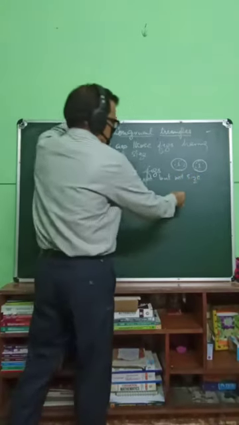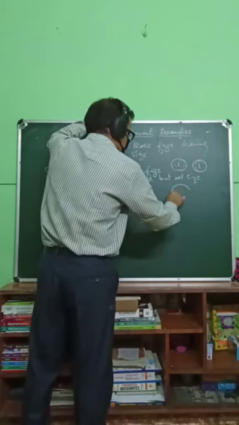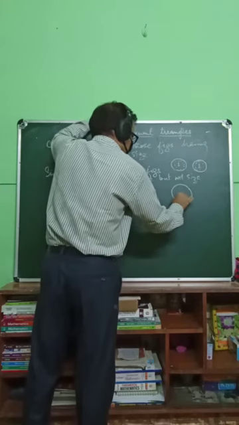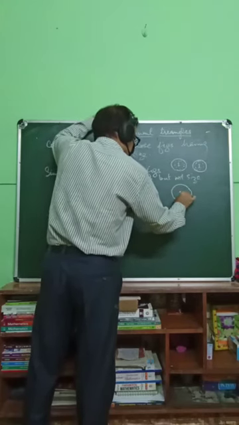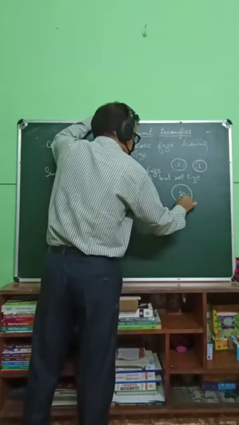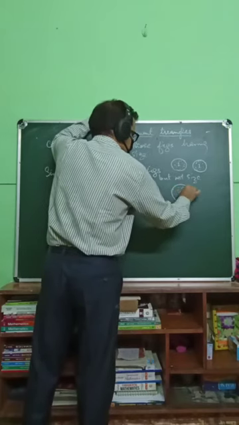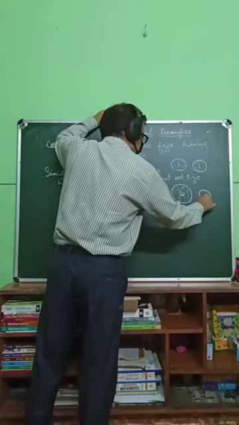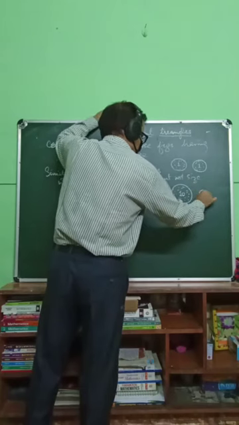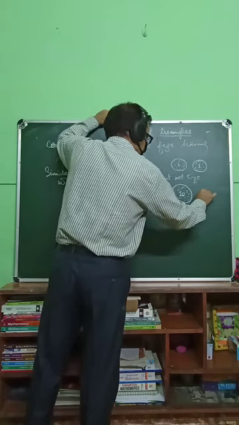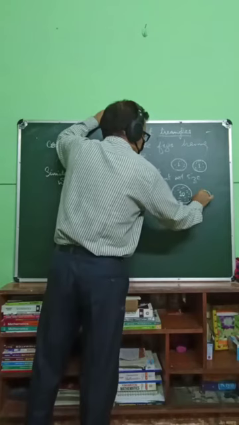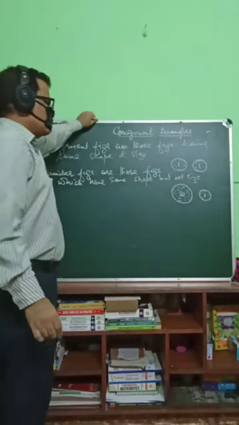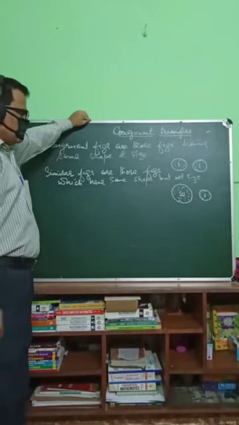For example, if I am having a 10 rupee coin and a 1 rupee coin. It is a 10 rupee coin and here is a 1 rupee coin, or a 5 rupee coin, 1 rupee coin. These are same in shape but size differs. So these are similar figures.